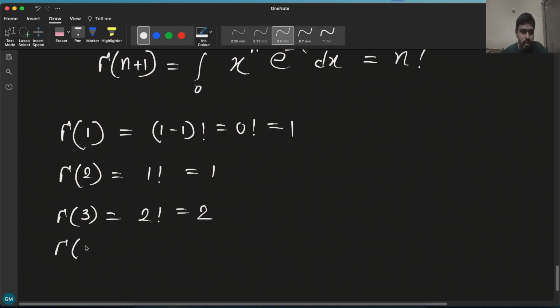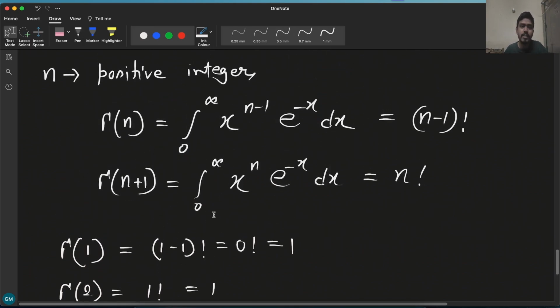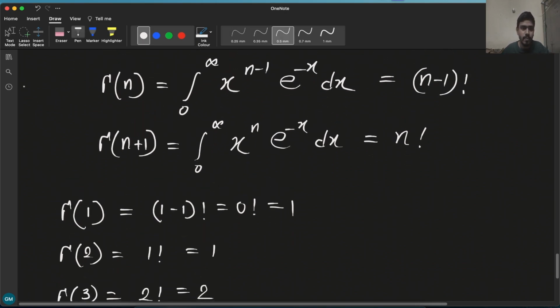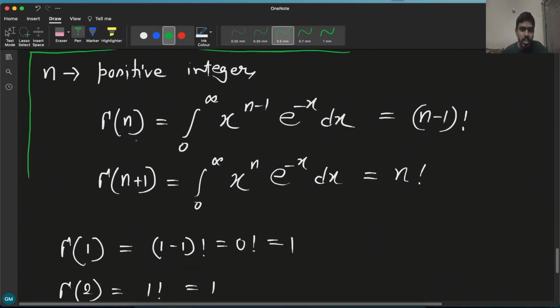Gamma 4 equals 3 factorial, equals 6, and so on. So this is basically the gamma function for positive integral values of n, and these are directly related to these factorials. For positive integral values of n, the gamma function is directly related to the factorials.